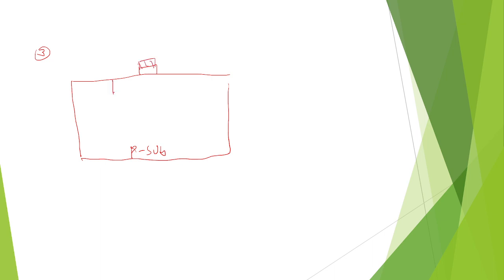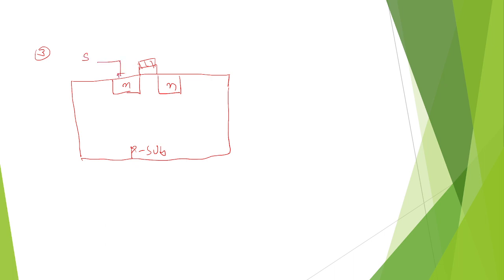And coming to the third and last case, you can see this is a P substrate. Again, we have holes; to design the gate terminal, deposit the polysilicon material, and to design the source and drain terminals, diffuse the electrons into the P substrate. So this is N, now named the source.